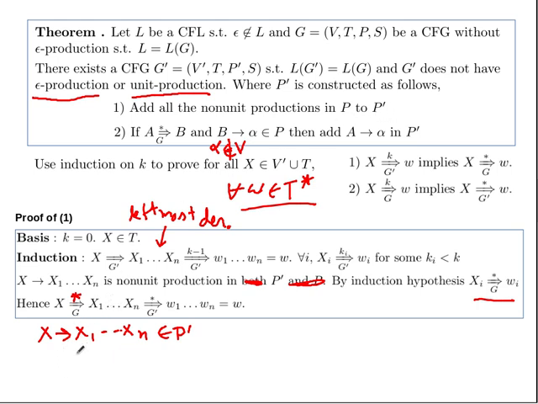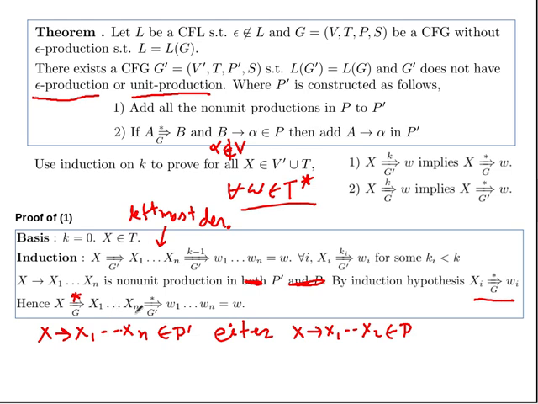So this means that either this was added to P prime because of this rule, so that means whatever this thing is, it is also in P. Or why was it added? Because of this thing. So this alpha here is this part, right? And this x here is this A part.